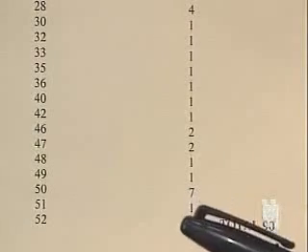And that was simply a matter of working through those 90 scores and indicating for yourself how frequently each of those 90 scores occurred. The second thing that you needed to do then was to compute a proportion.